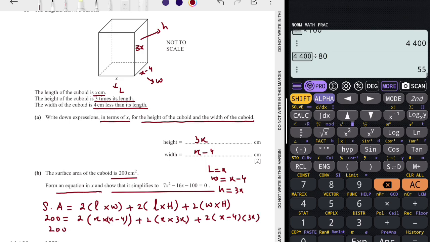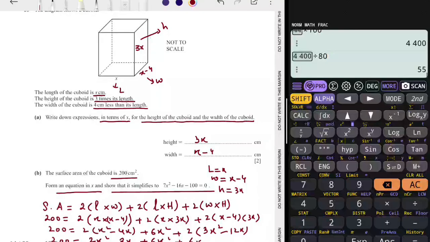So 200 is equal to 2 times x squared minus 4x, plus 2 times x into 3x, which becomes 6x squared, plus 2 times 3x squared minus 12x. So 200 is equal to 2x squared minus 8x plus 6x squared plus 6x squared minus 24x. We will simplify it.